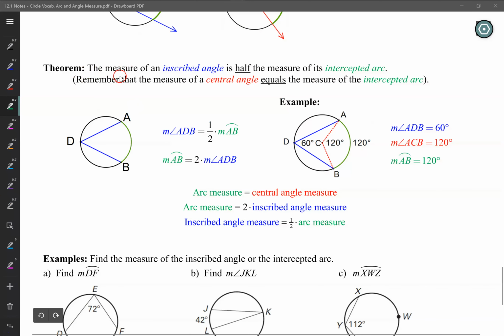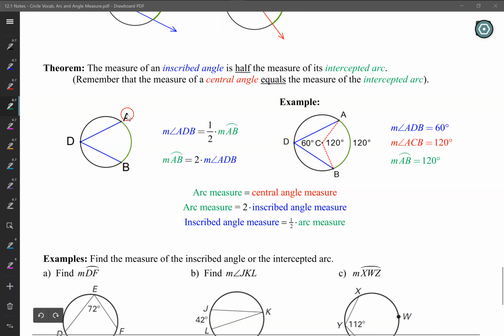So we have this theorem that says the measure of an inscribed angle, so angle ADB is an inscribed angle, its measure is half of the measure of the arc right here. So the measure of this angle, the inscribed angle, is half of the arc measure. Or you can flip it around and say the measure of the arc is 2 times the measure of the angle.